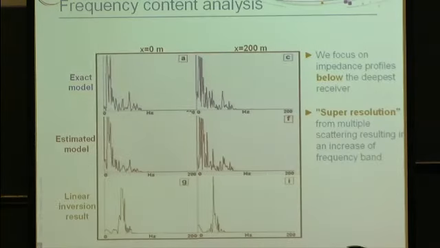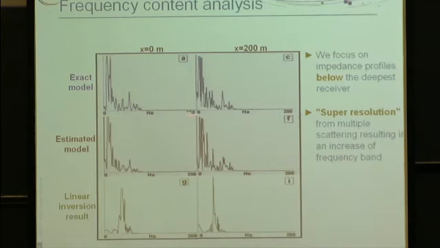Just rapidly, to quantify this improvement in resolution, I have displayed the spectrum of the seismic profiles below the first receiver, since above it the resolution is governed by the spacing between receivers.